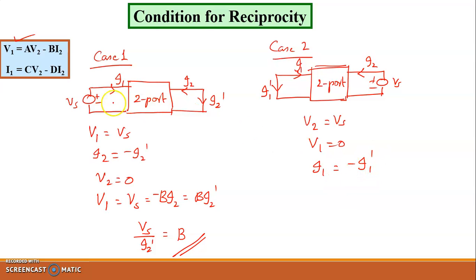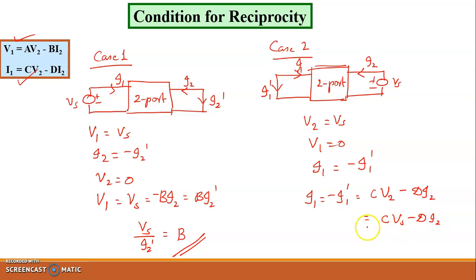From the second equation, I1 is equal to CV2 minus DI2. Taking that equation, I can write I1, that is minus I1 dash, is equal to C into V2 minus D into I2, that is C into Vs minus D into I2.